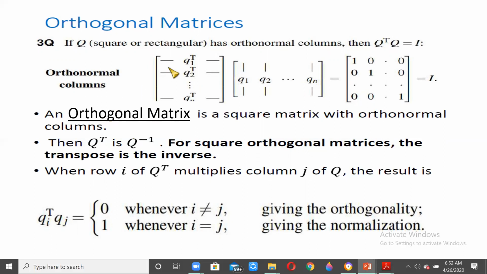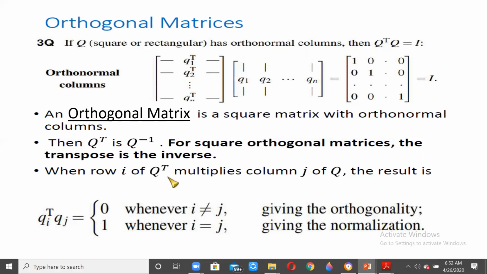Whenever this matrix Q is a square matrix, at that time we call it an orthogonal matrix. So an orthogonal matrix is a square matrix with orthonormal columns. Only when it's a square matrix do we call it an orthogonal matrix. Then Q transpose is Q inverse. So whenever Q is a square matrix, Q transpose will be the same as Q inverse.